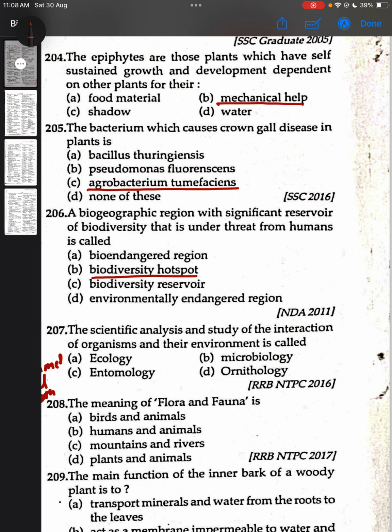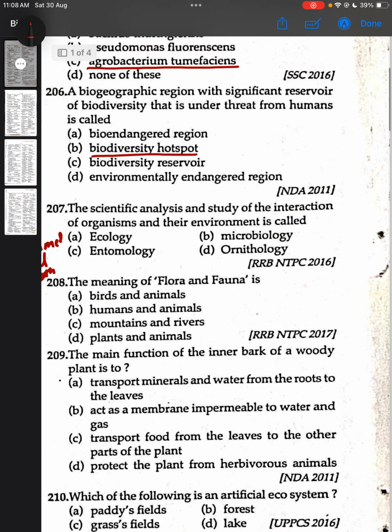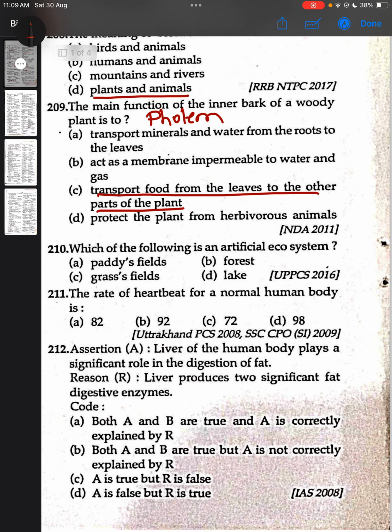The scientific analysis and study of the interaction of organisms and their environment is called ecology. The meaning of flora and fauna is plant and animal. The main function of the inner bark of a woody plant is to transport food from leaves to the other parts of the plant. And inner bark of a plant is nothing but phloem. Basically it is asking the function of phloem. Which of the following is an artificial ecosystem? Correct answer is paddy field. The rate of heart beat for a normal human body is 72.